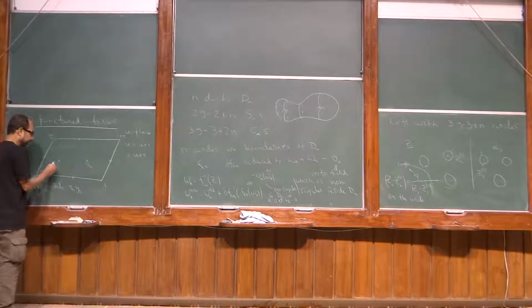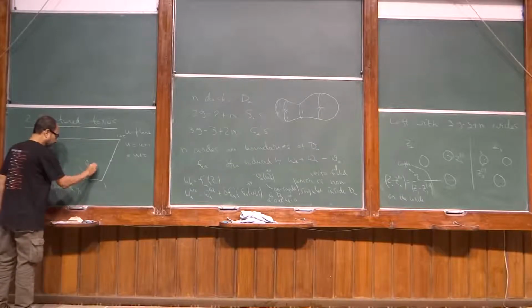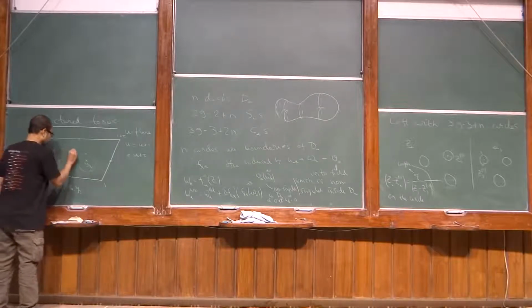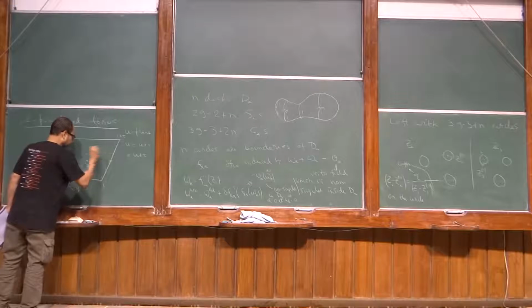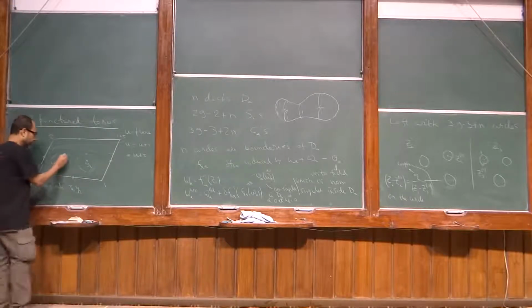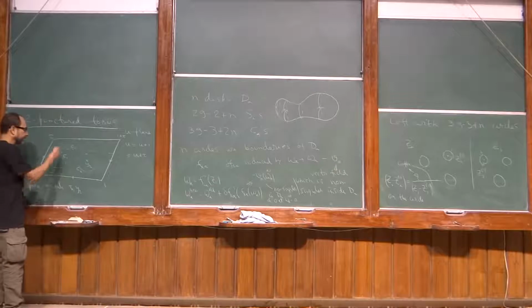So let's take, we divide this into 3 regions. As follows. So we draw 4 circles, C1, C2, C3 and C4.